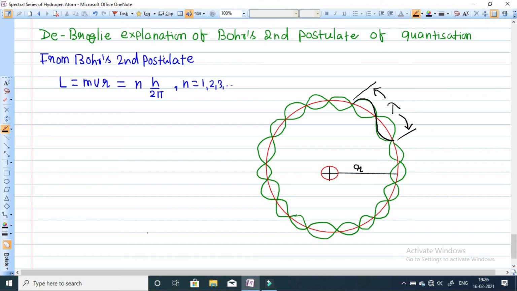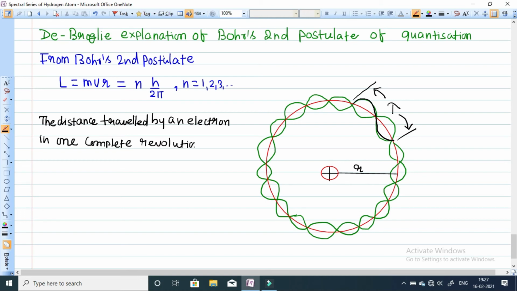Now the distance traveled by an electron in a circular orbit of radius rn will be equal to its circumference. How much distance will be traveled by the electron in one complete revolution? We can easily calculate the distance traveled by an electron in one complete revolution around the positively charged nucleus.